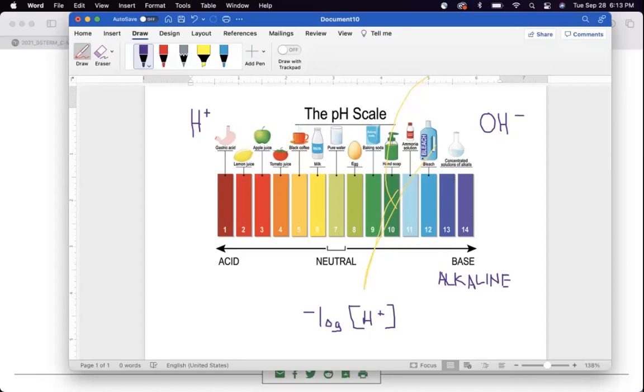But if I had like bleach, a pH of 13 is like the heavy duty cleaners, like an oven cleaner. Like the old school oven cleaners from the 70s and 80s are very basic, very alkaline.